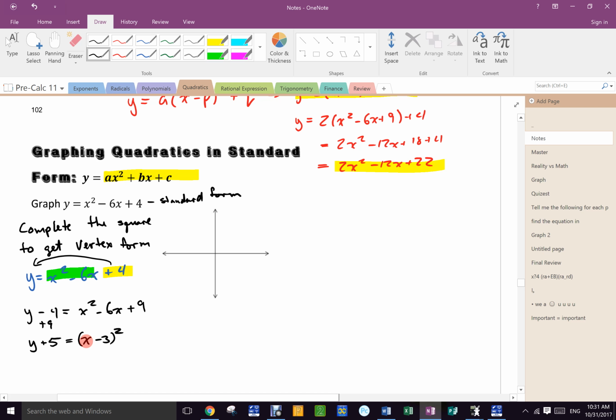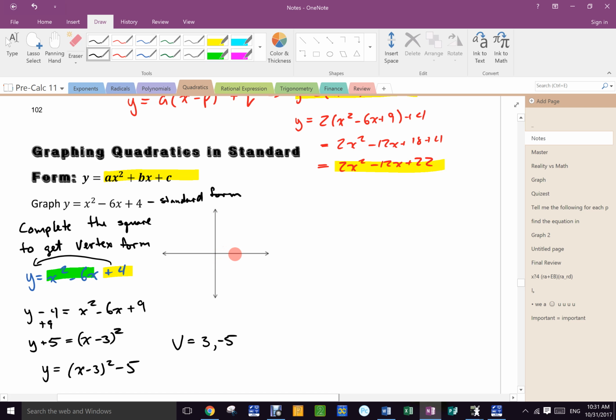What's the only thing left to do to get vertex form? Move the 5. Minus 5. Could you graph this in about 2 seconds? Sure. What's the vertex? 3, negative 5. Any stretch?